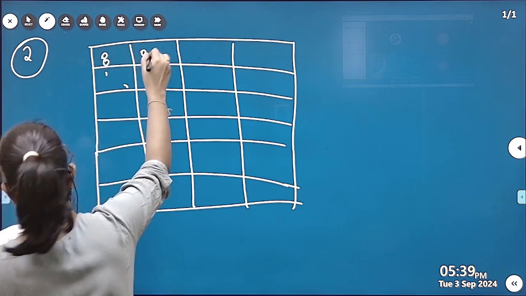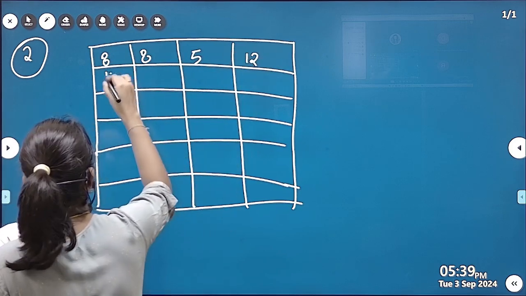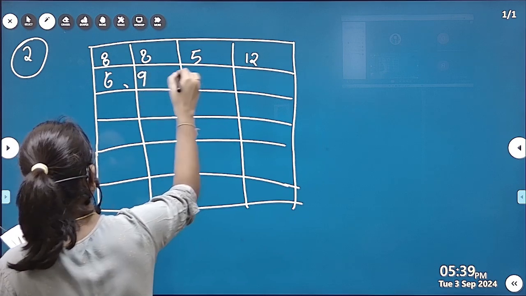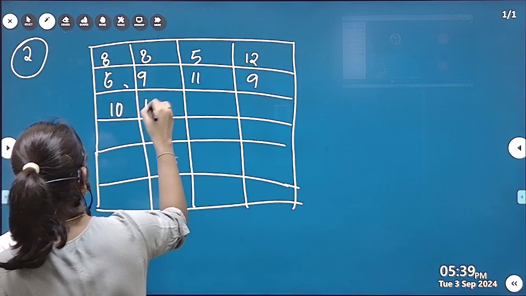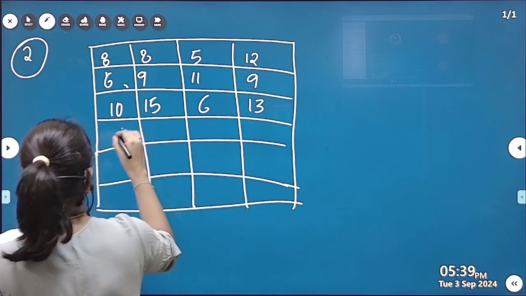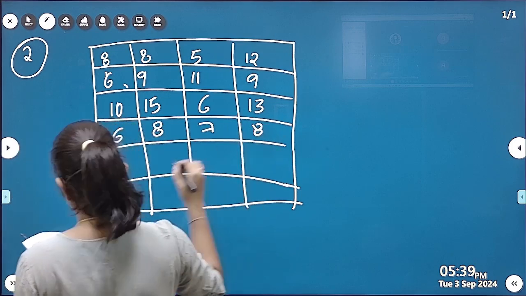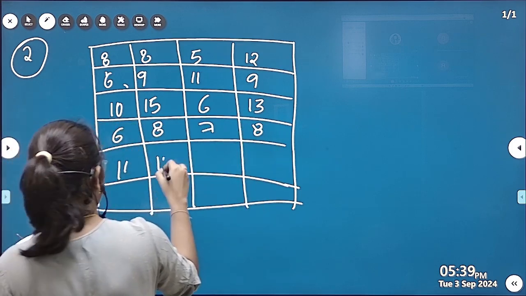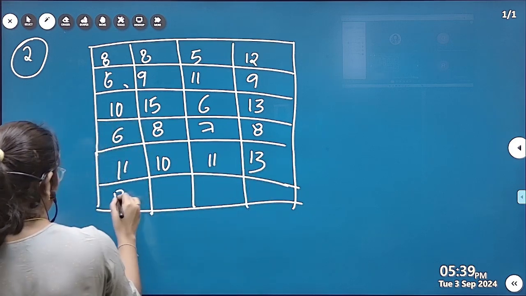8, 8, 5, 12, 6, 9, 11, 9, 10, 15, 6 and 30. 6, 8, 7, 8. Copy the question online, students. Copy it fastly with me.